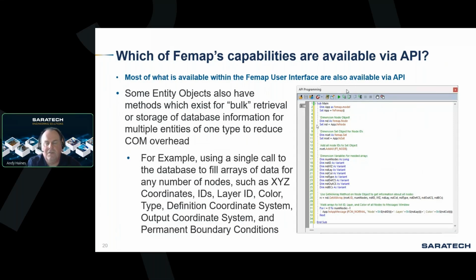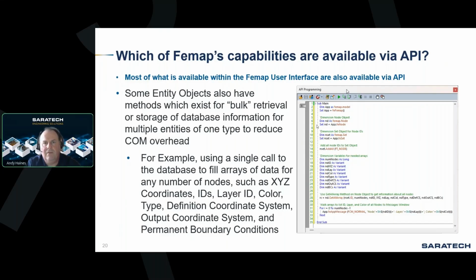So let's say you just needed all the information for all of the nodes in your model because you wanted to run through them and just either check for something, list something, or just try to figure out something in particular. What you can do is get them all with one call to the database.